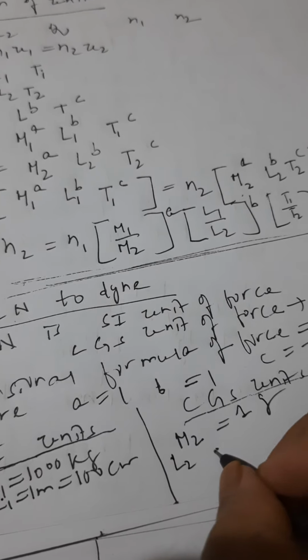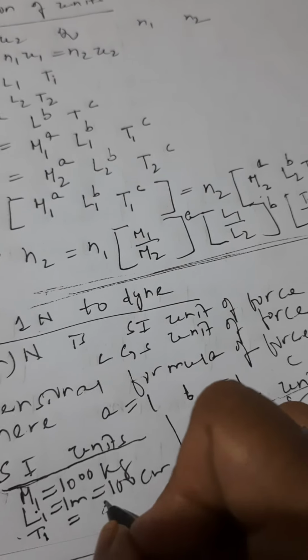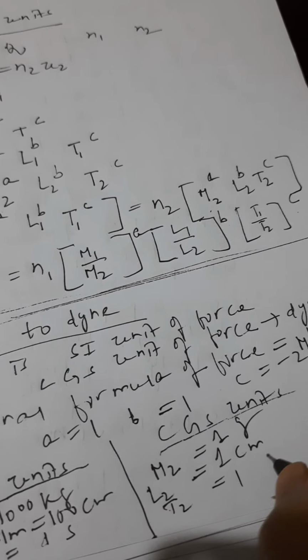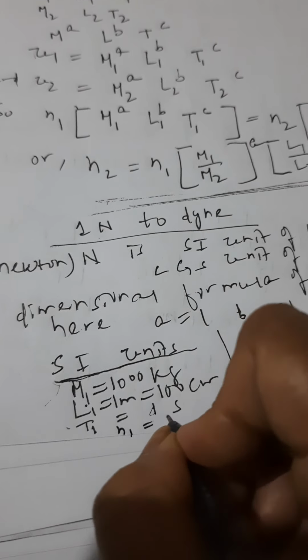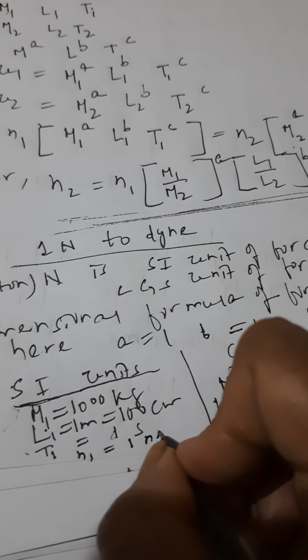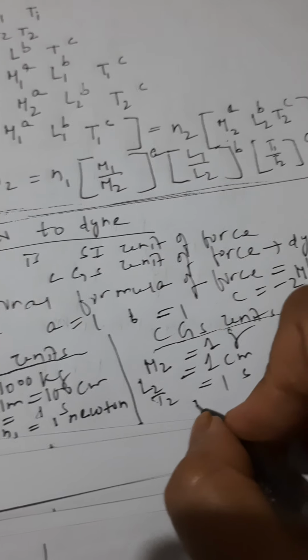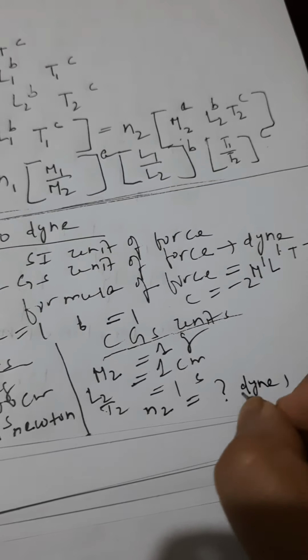L2 is equal to, in CGS, 1 centimeter. T1 is equal to 1 second. Here also in CGS, T2 is equal to 1 second. And N1 is equal to 1 Newton. It is given in the question. You have to find out N2, how much in dyne.